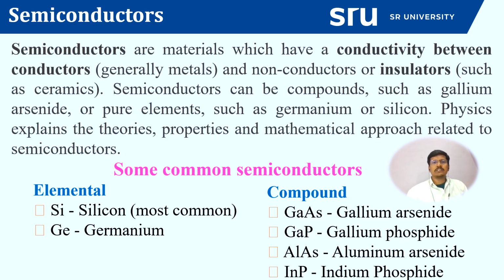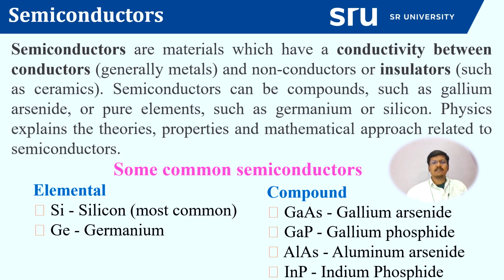The second one is compound semiconductors. Elemental semiconductors are composed of a single element. The most common examples are silicon and germanium. These two, also known as intrinsic semiconductors, are available in pure form.